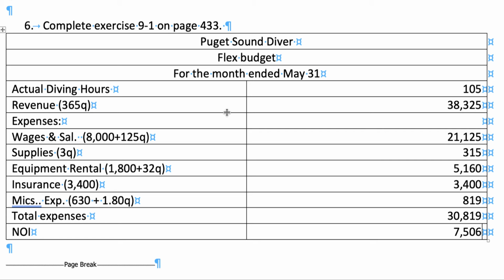And that cost equation is either going to be fixed, mixed, or variable. The third thing you got to take away from this is this is what the revenue, the expenses, and the net operating income should be if we managed the operation efficiently.